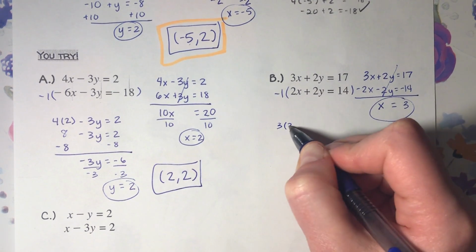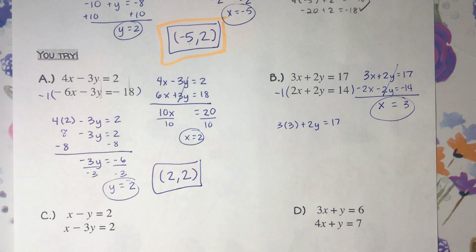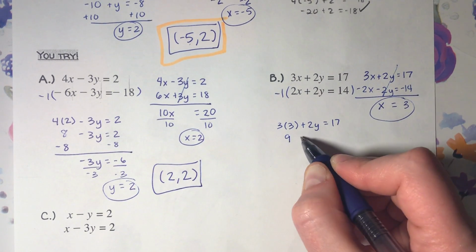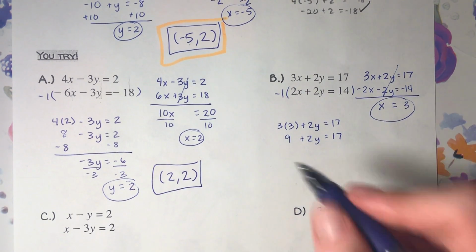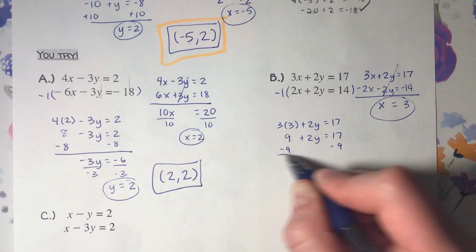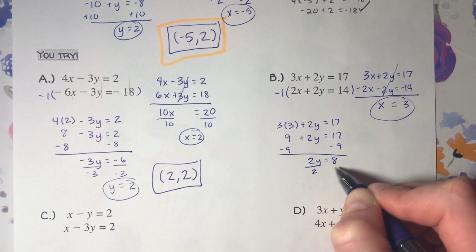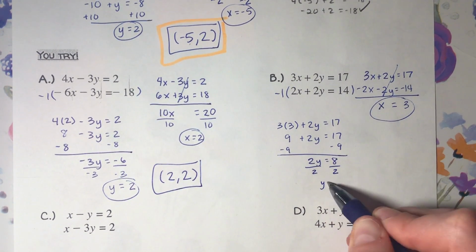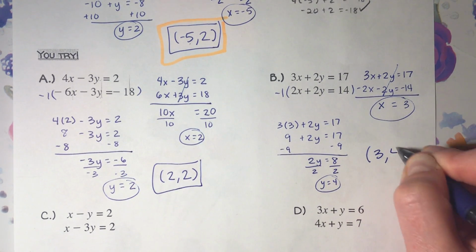So this is 3 times 3 plus 2y, which is 17. 3 times 3 is 9, so I have 9 plus 2y is equal to 17. Subtract 9 from both sides, 2y is equal to 8. Divide by 2 on both sides, y is equal to 4. So my solution is going to be 3, 4.